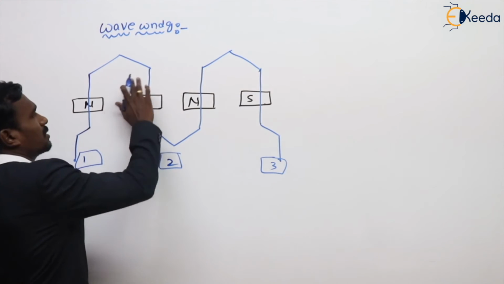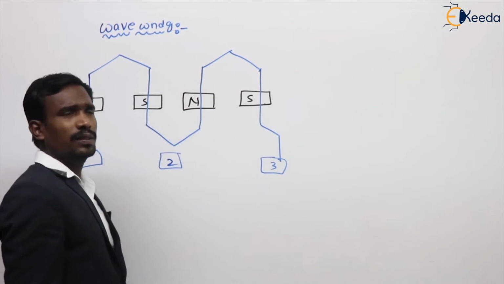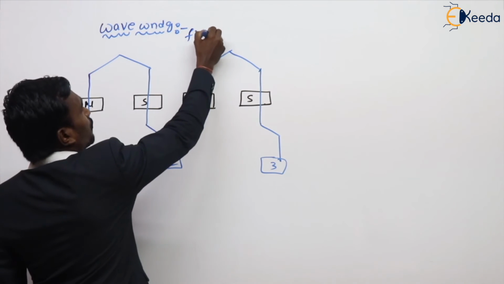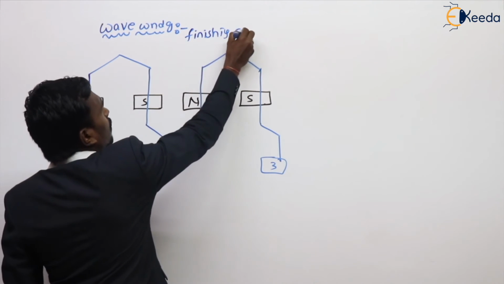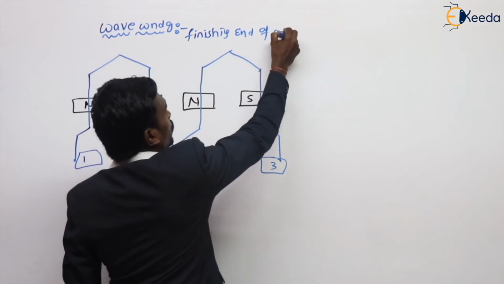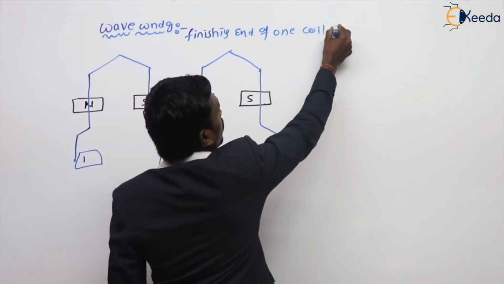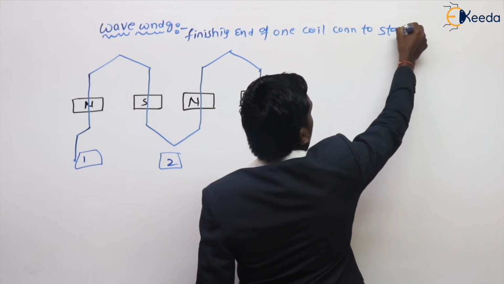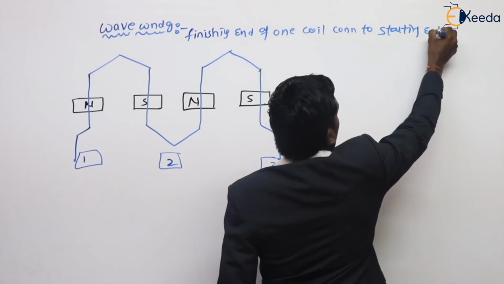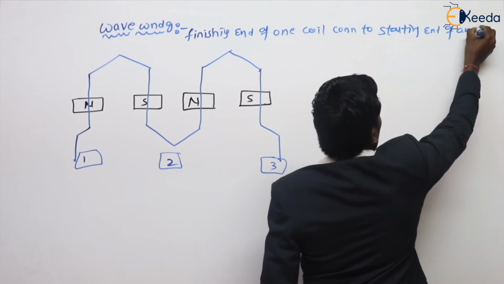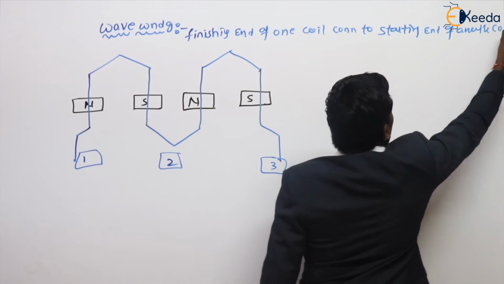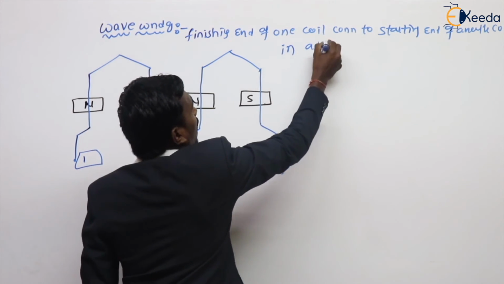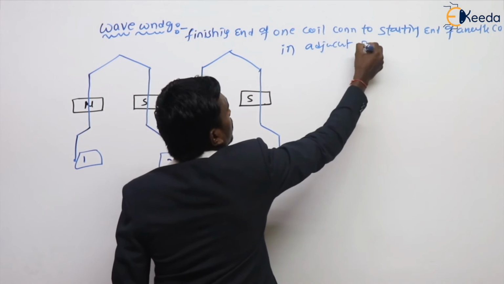See here, this is wave winding. Wave winding is where the finishing end of one coil is connected to the starting end of another coil in adjacent poles.